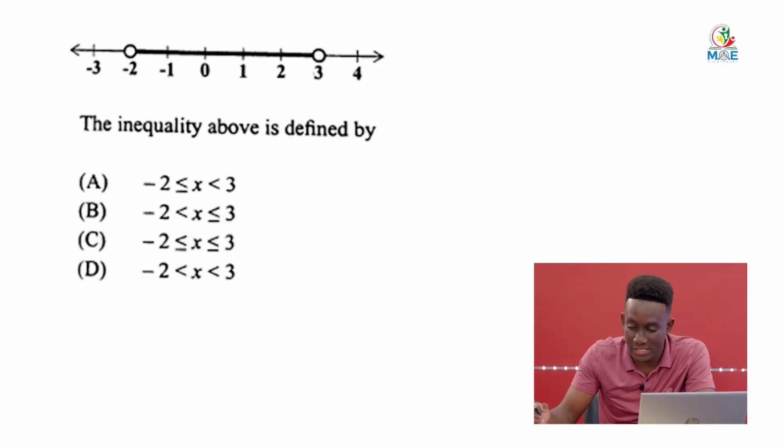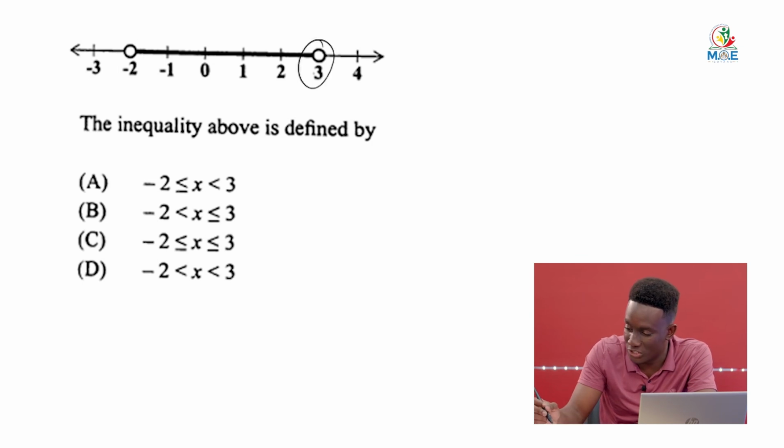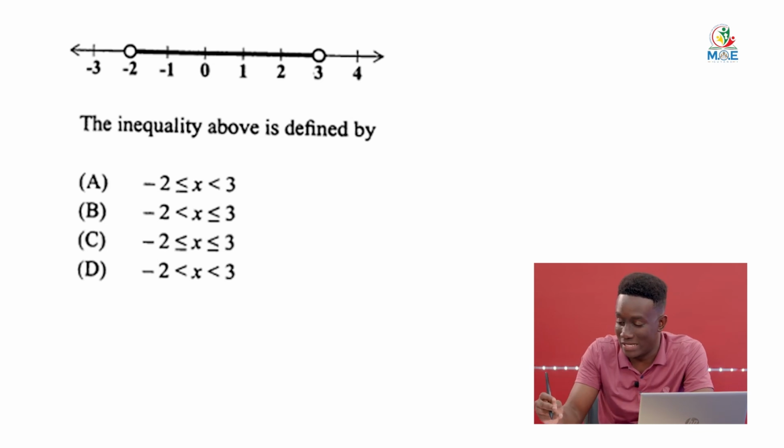The next one says, the inequality above is defined by, and here we have an open circle, and here we have an open circle. This is telling us it is greater than -2, but less than 3. So it's not equal to, it's greater than alone, and less than alone. So let's see which one has that.